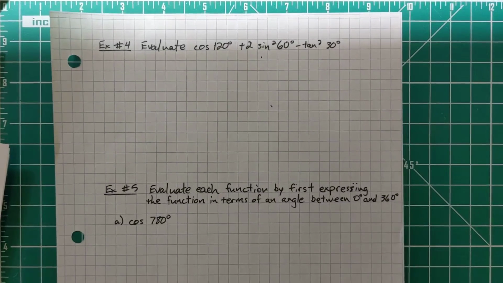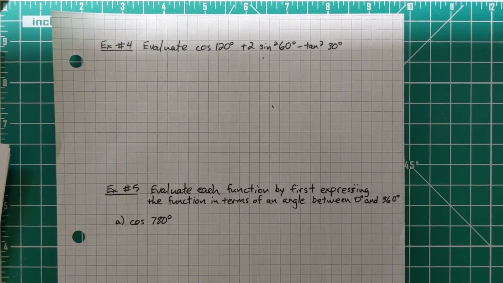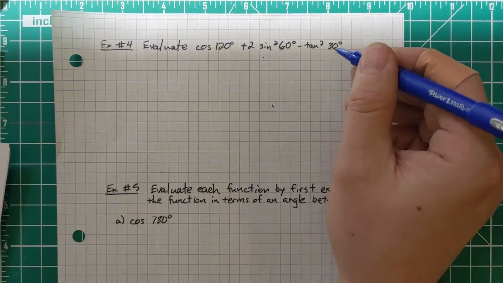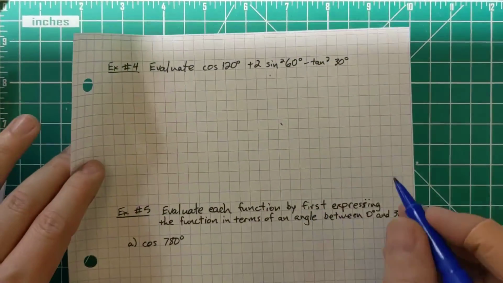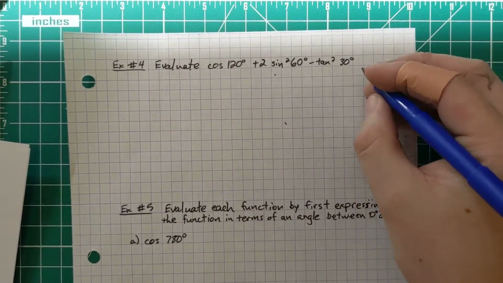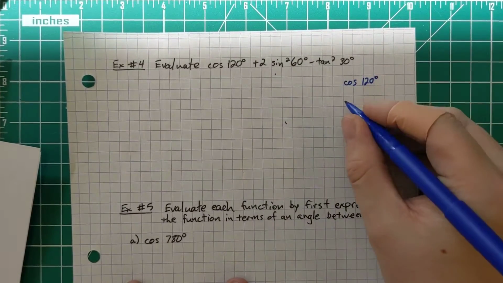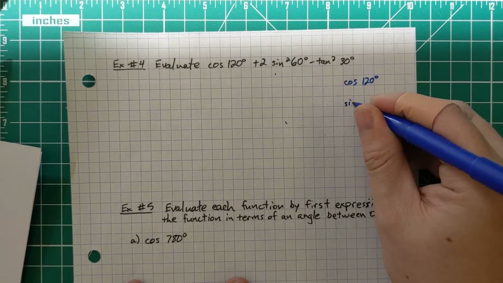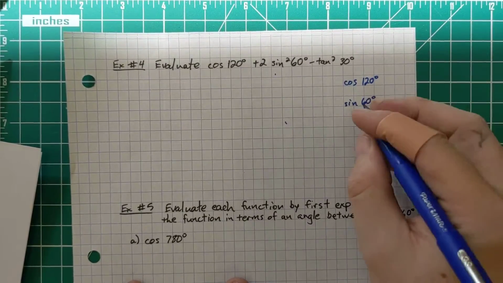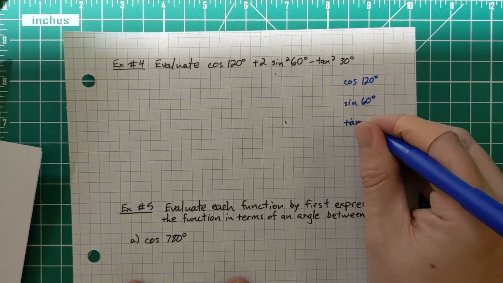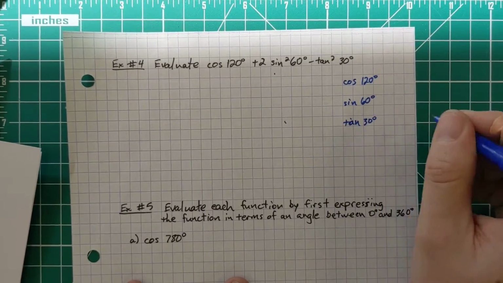What is tangent squared of 30 degrees? So basically the things we want to focus on are cosine of 120 degrees, sine of 60 degrees, and tangent of 30 degrees.